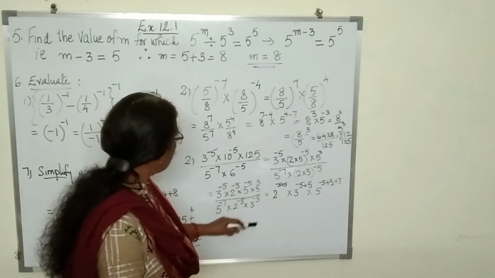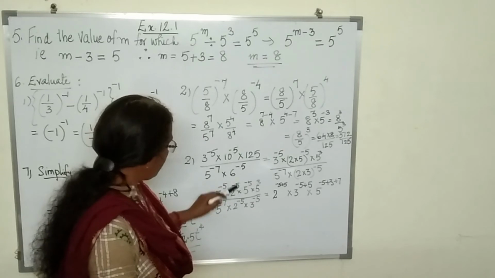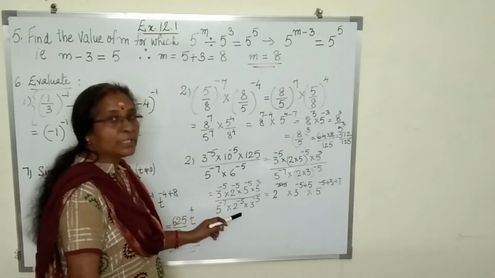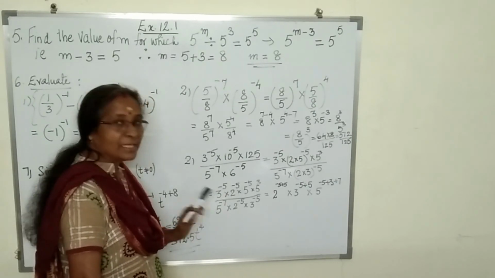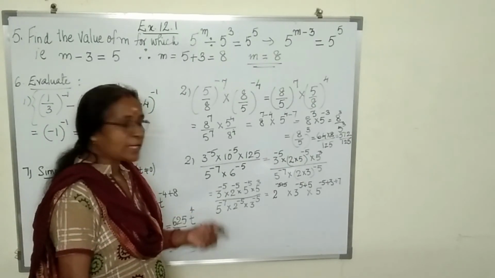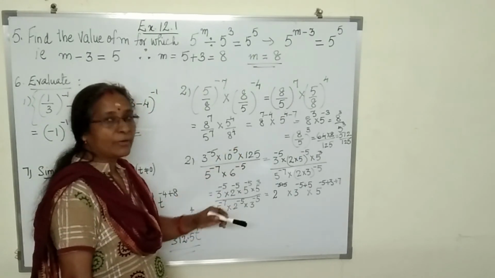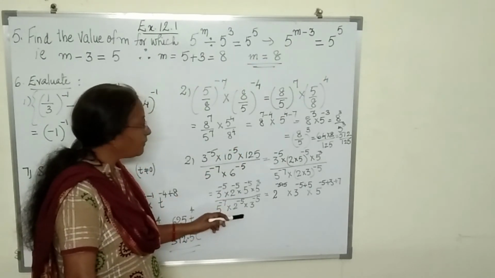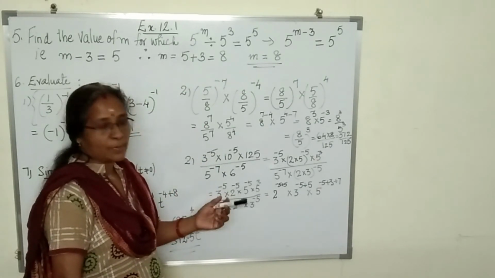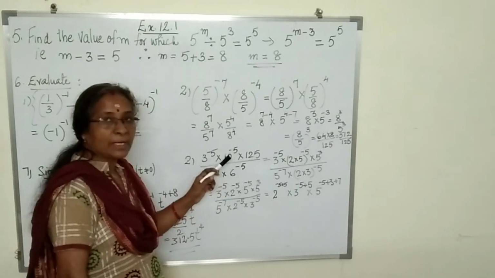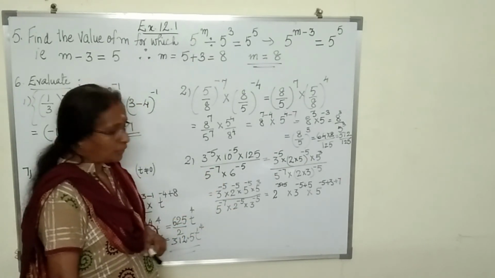So what are the powers here? How many 2's are there? In the numerator there is 2^-5, and in the denominator also there is 2^-5. If you wish, you can just cancel it, or else use the exponential rule. When it goes from the denominator to the numerator, the power will turn into its opposite. If it is plus, it will become minus, and minus will become plus. Reciprocal rule.